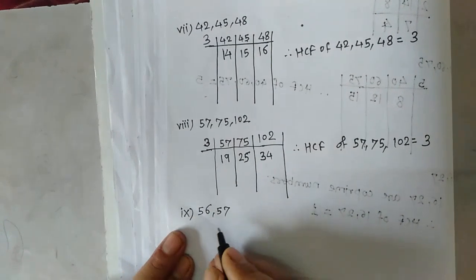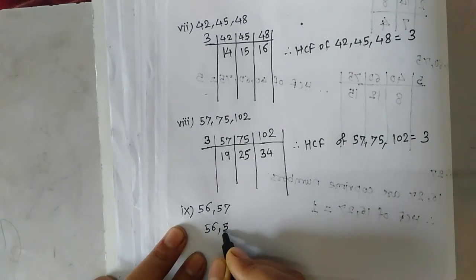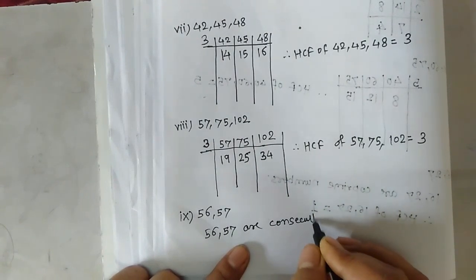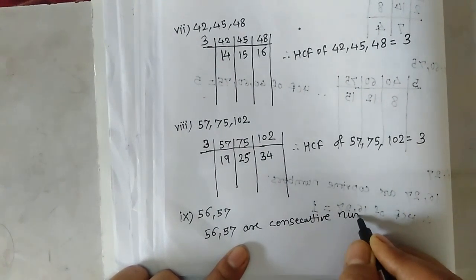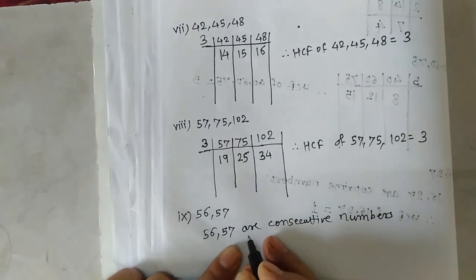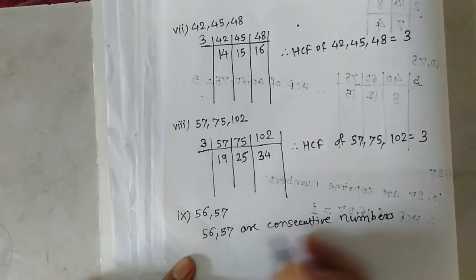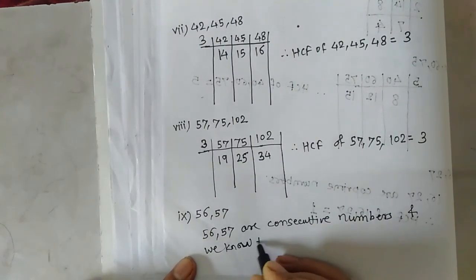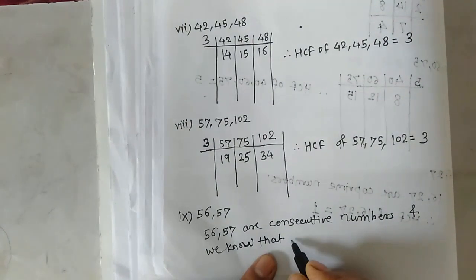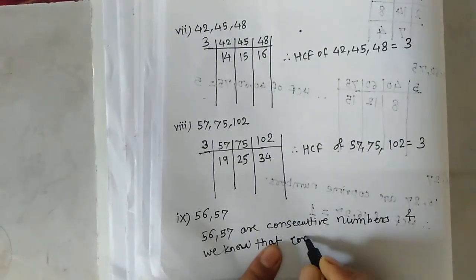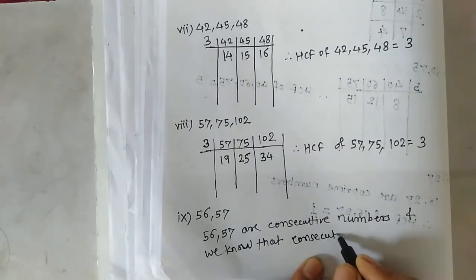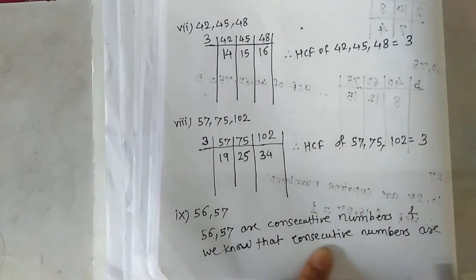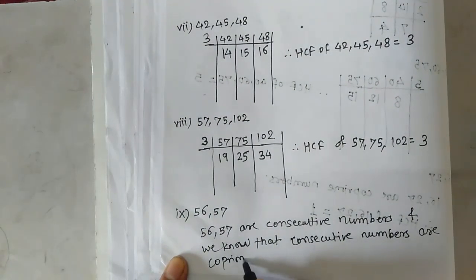So write down your reason. 56 and 57 are consecutive numbers, and we know that consecutive numbers are co-prime numbers.